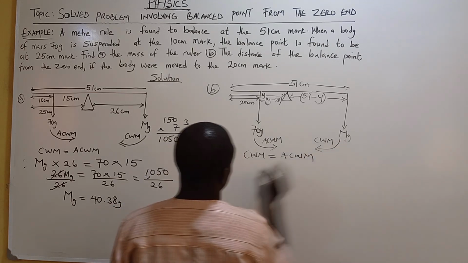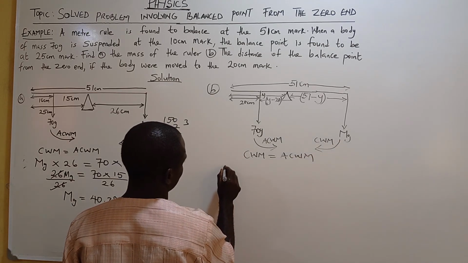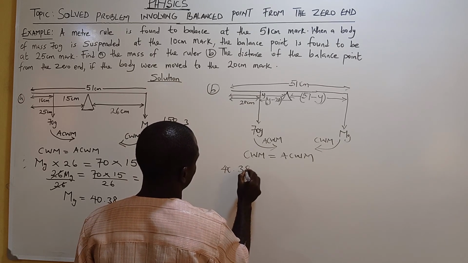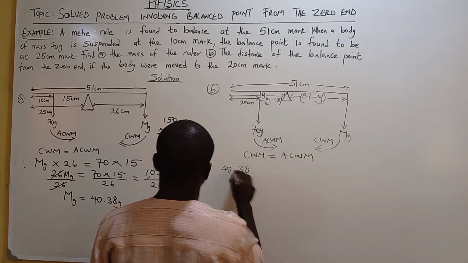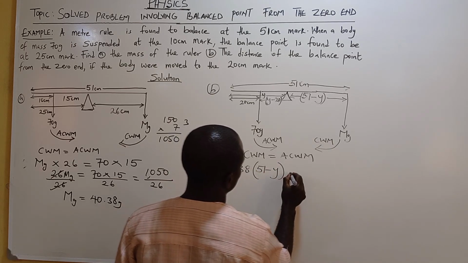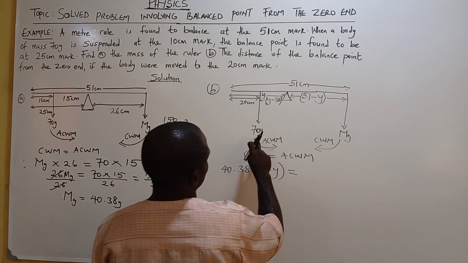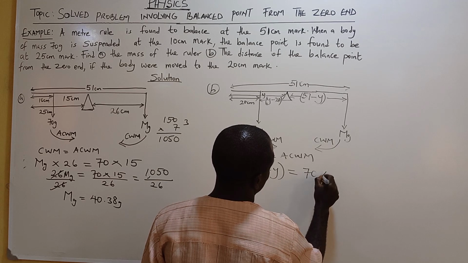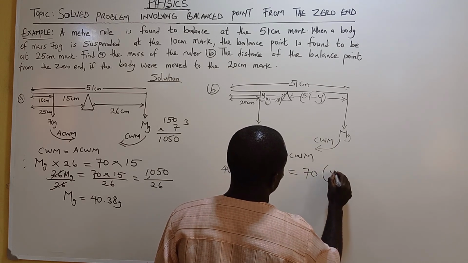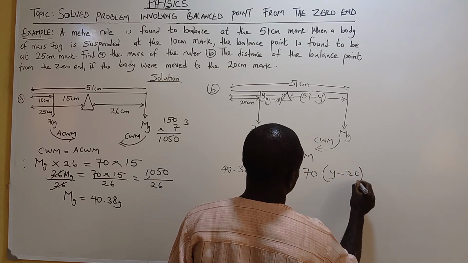You have mg, which is 40.38, open bracket, 51 minus y, equals 70 anti-clockwise times, open bracket, y minus 20.